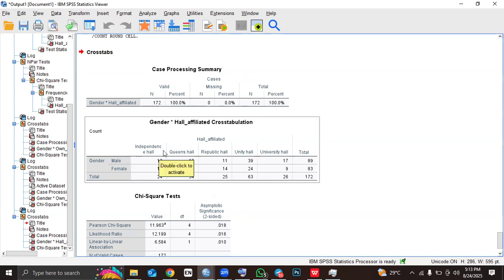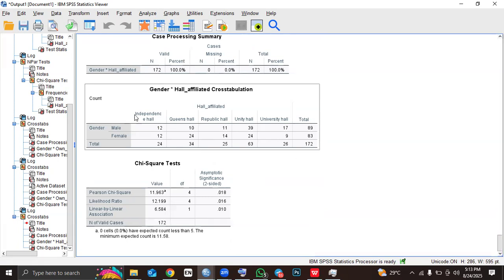Brilliant. Now, from this table, we can see that the total number of males in the distribution is 89. The total number of females in the distribution is 83. The total population is 172. The total number of people in this hall is 24.